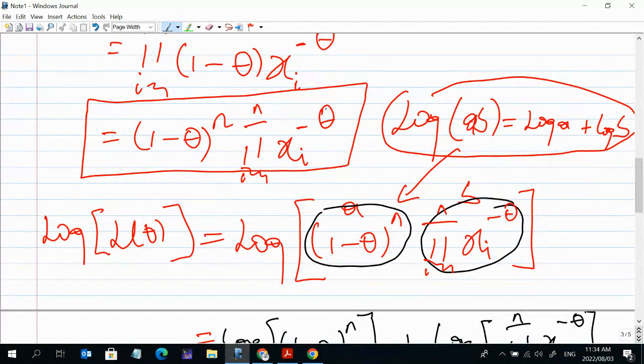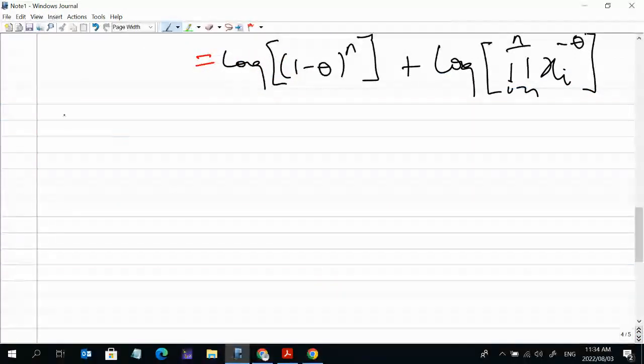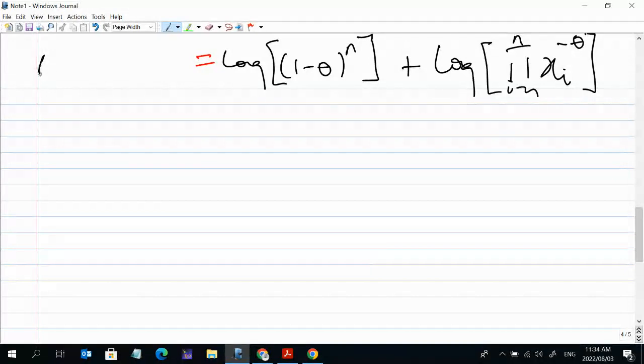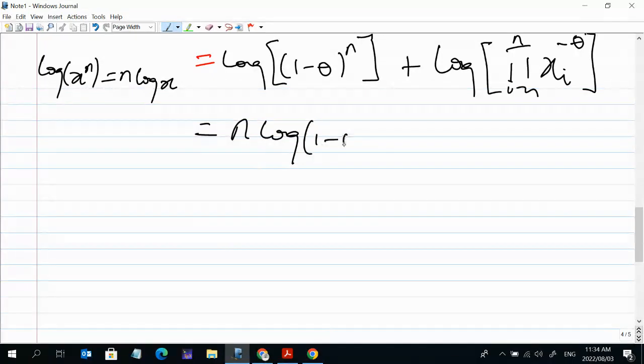Again, the log of x to the power n is n log of x. So I'm going to apply that here, and we'll have n times the log of 1 minus theta.